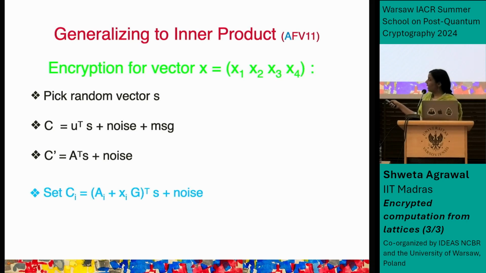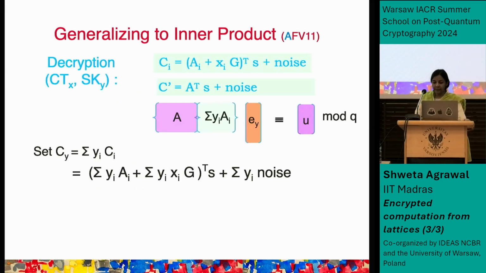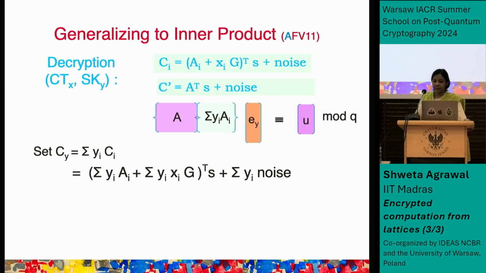The summation yi ai plus the summation yi xi G s plus that y inner product noise. Let's assume that y is binary for simplicity, so the noise doesn't blow up too much. So now this has given me this term.